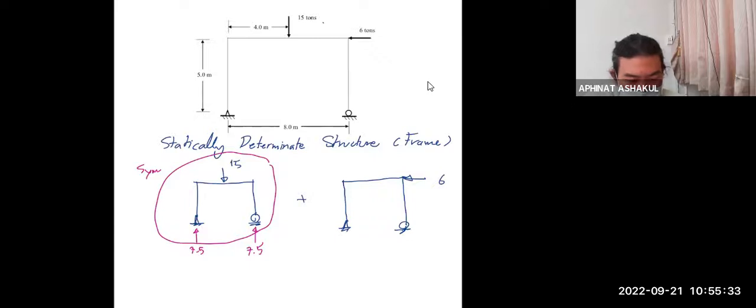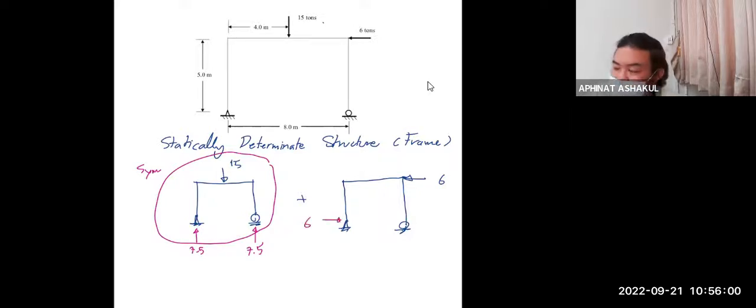When you look at the system as a whole, this 6-ton horizontal point load is trying to rotate this one counterclockwise, right? Can you feel that? So we need a clockwise moment, right? You should feel right away that, of course, we need another 6 here.